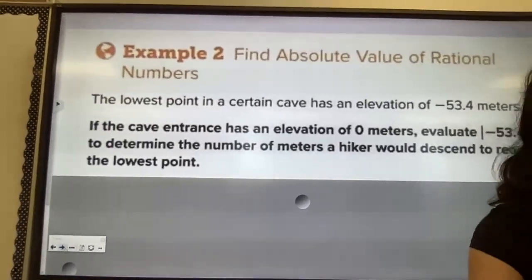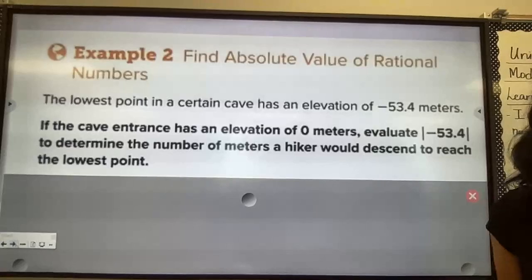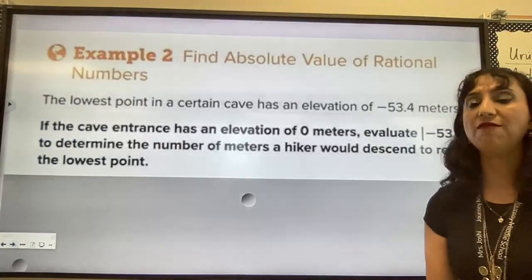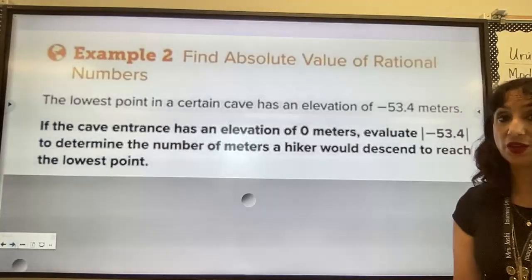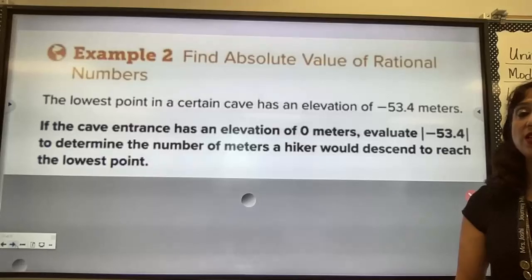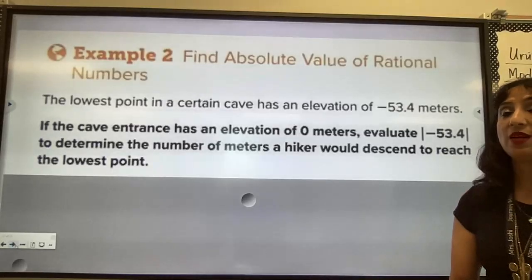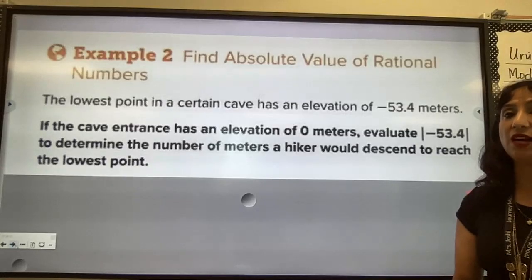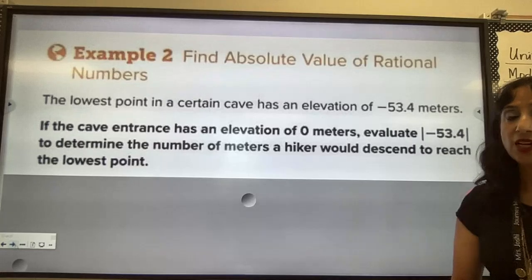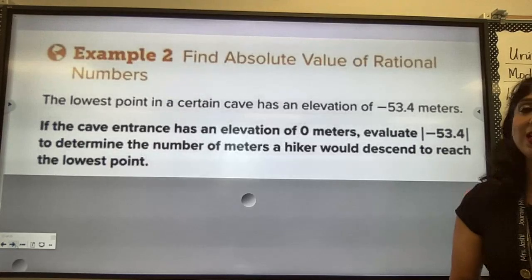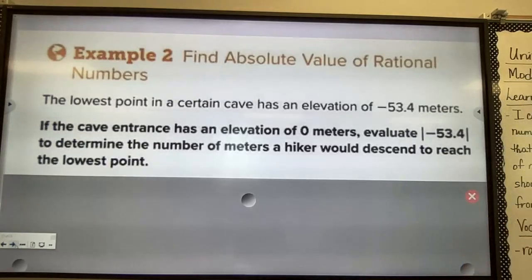The lowest point in a certain cave has an elevation of -53 and 4/10 meters. If the cave entrance has an elevation of 0 meters, evaluate the absolute value of -53 and 4/10 to determine the number of meters a hiker would descend to reach the lowest point.